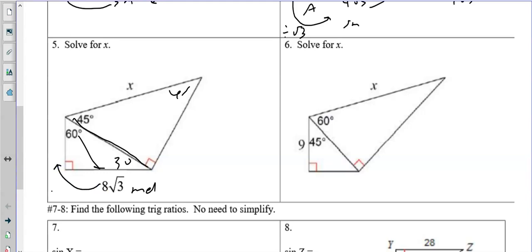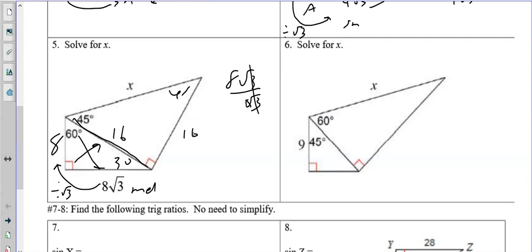How do we do that? We divide by radical 3, which in this case is really easy, because when we divide by radical 3, they cancel, which makes this 8. And then we just double it to get the hypotenuse, which is also the leg of the 45, 45, 90.